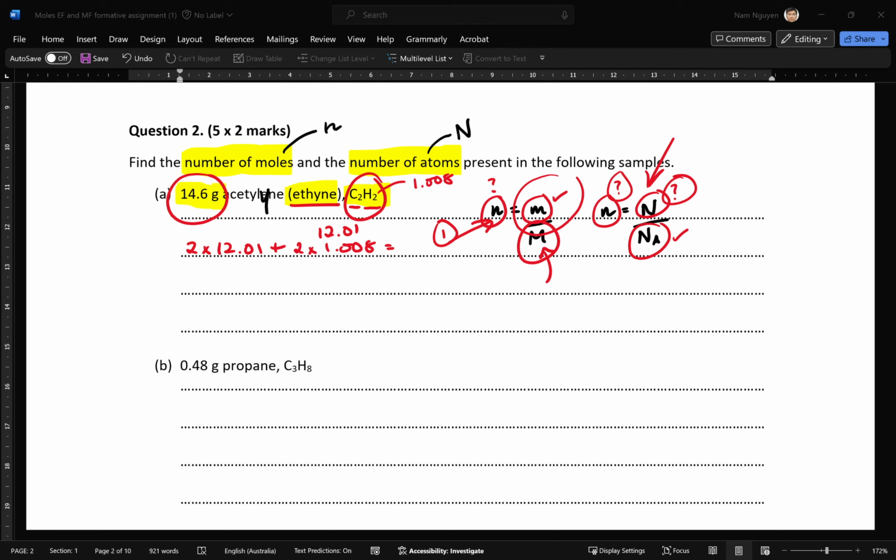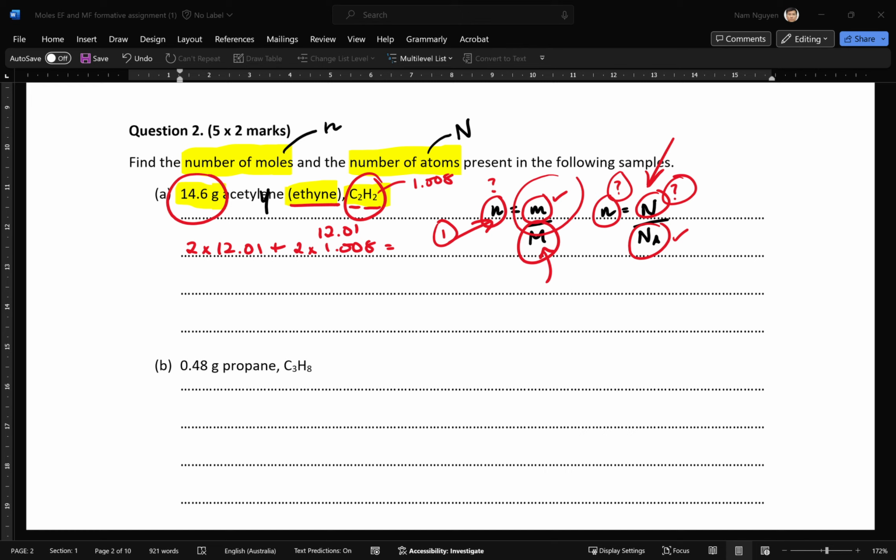Nope, that calculator use was wrong there. That's not the right number. Clear that. What did I do wrong? Brackets. I need brackets. Okay, so how about I'll just do it in my head. 2.016, which is 2 times 1.008, plus the 24.02.